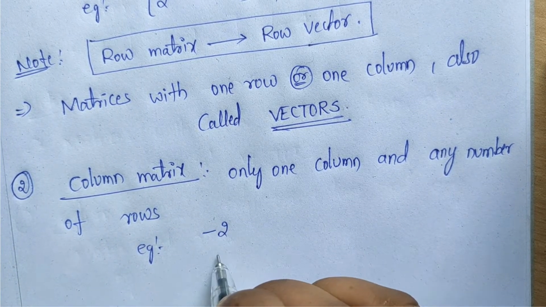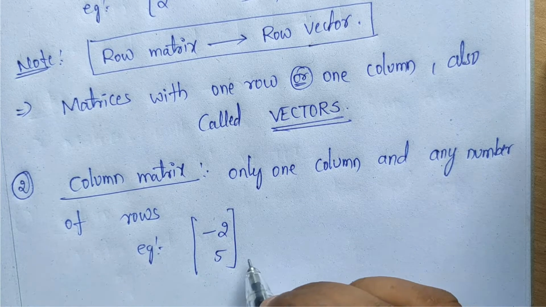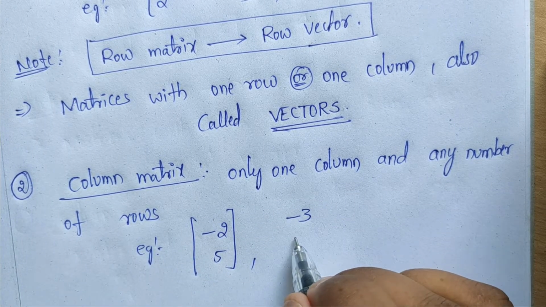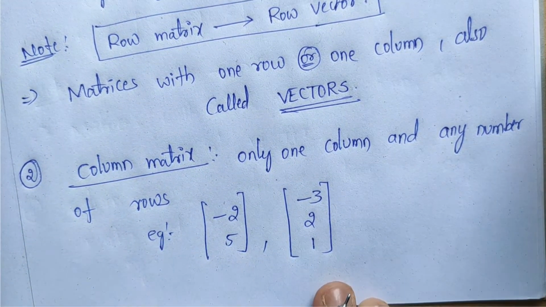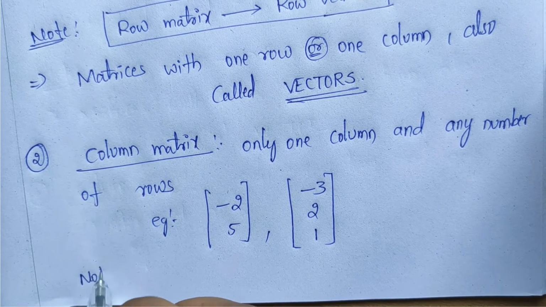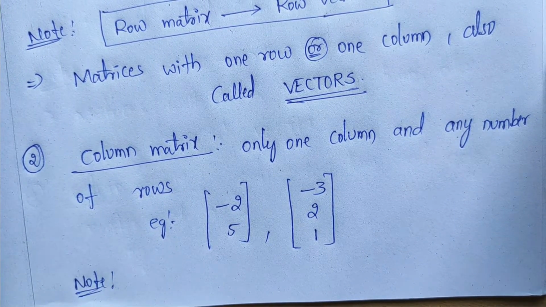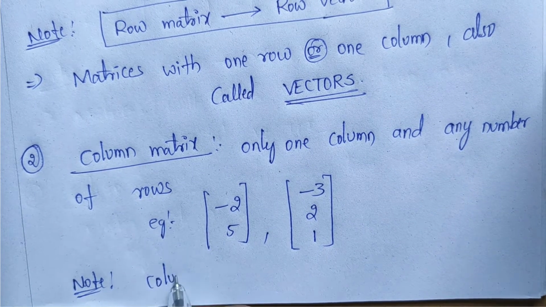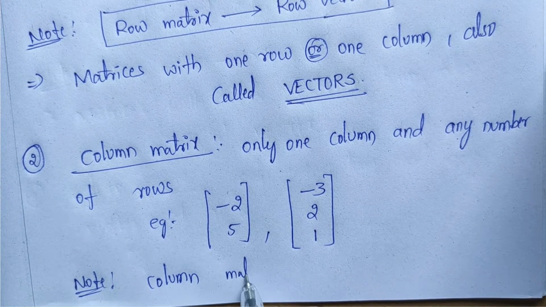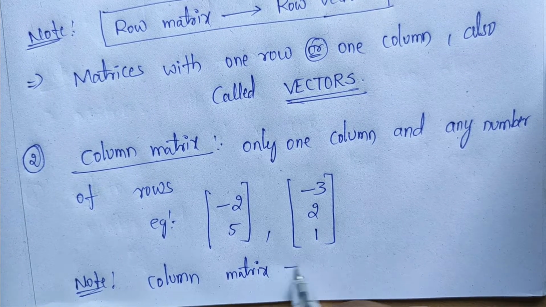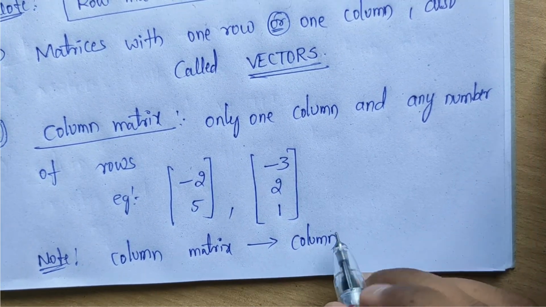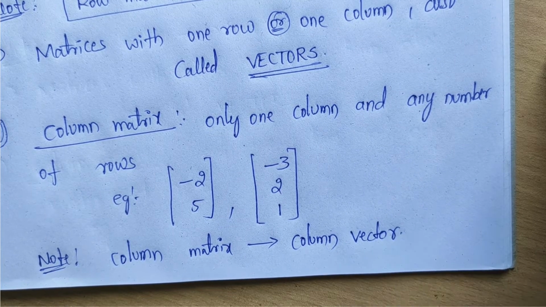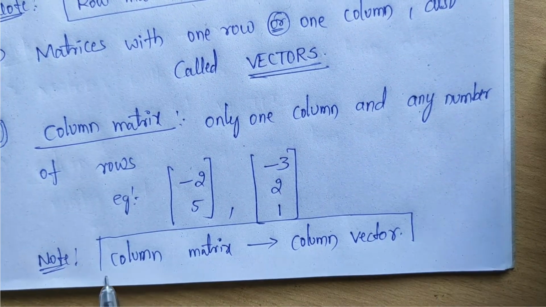Example: minus 2, 5 and minus 3, 2, 1. And note, column matrix is equal to column vector. It is a very important note.